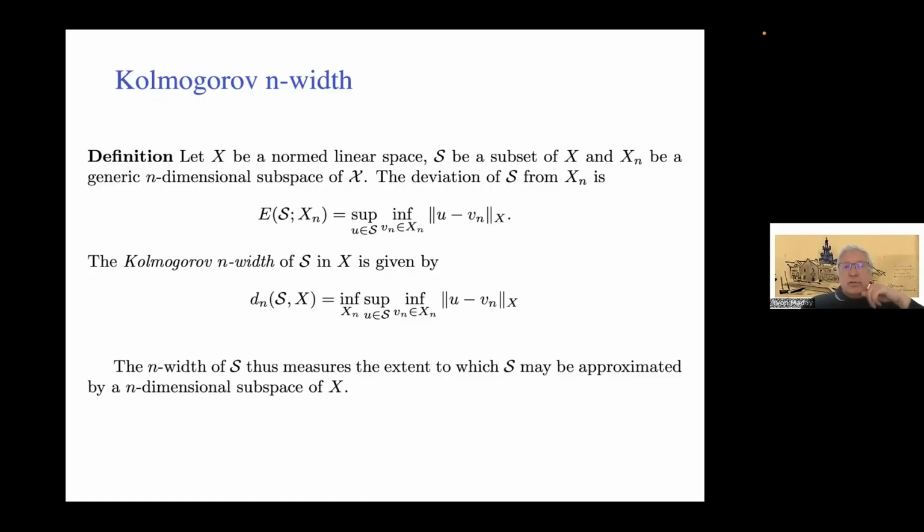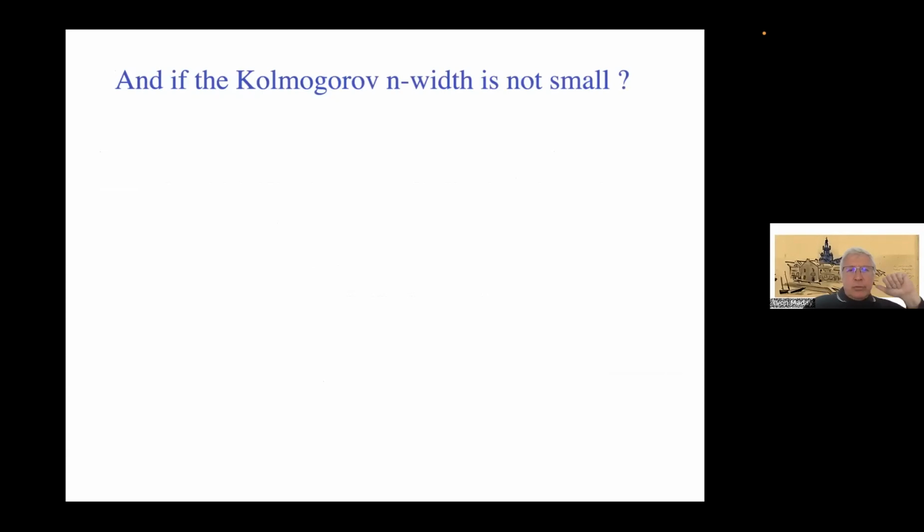So the idea is to introduce the deviation of S from a given set of dimension n, X_n, which is the E of S of X_n in the first equation. And then what we look at is the Kolmogorov N-width, which is the best we can do by choosing adequately the space X_n. So the d_n of S is the infimum over all possible choice of vectorial space X_n. Okay, so you know this very well.